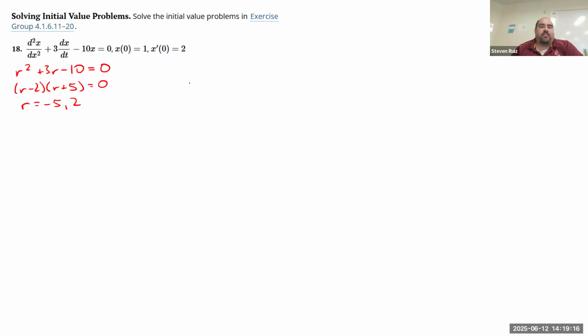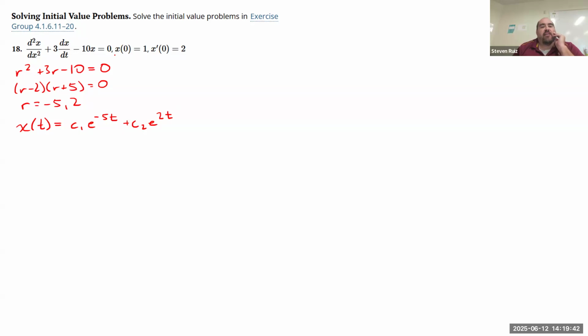All right. Which means my solution looks like what? I have x of t equals c1 e to the -5t plus c2 e to the 2t. All right. So we have enough information to figure out those constants.